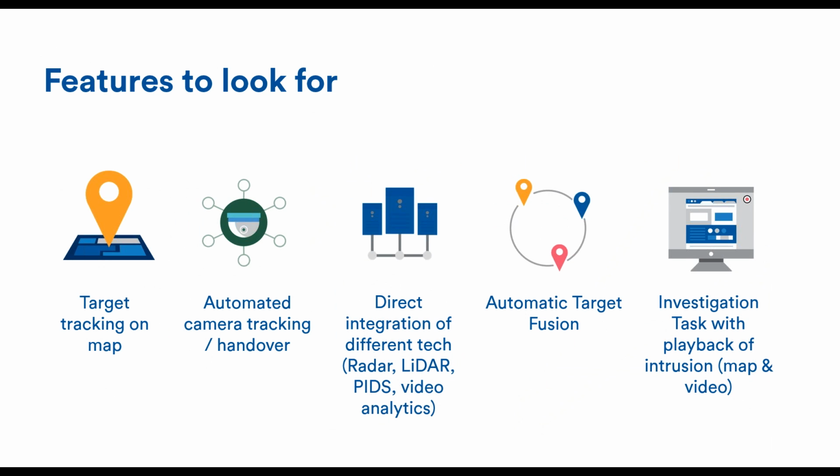So it's the ability for the system to select the right camera and toggle between cameras as the target is moving. The next point is the ability to freely choose the sensors as the location would impose it.